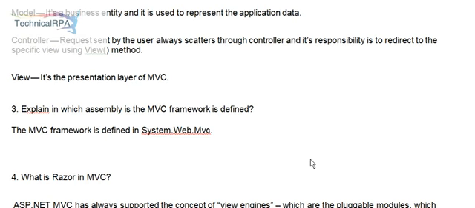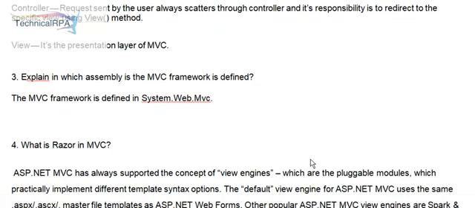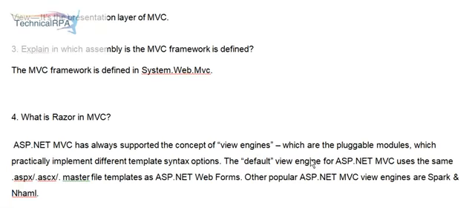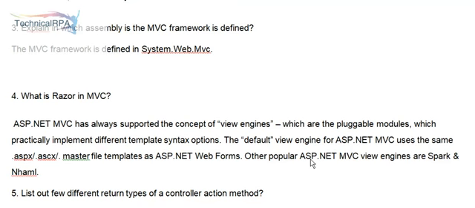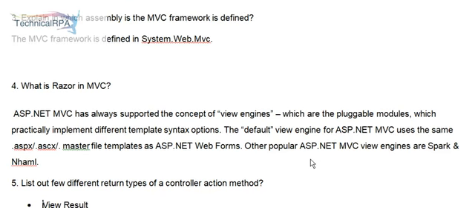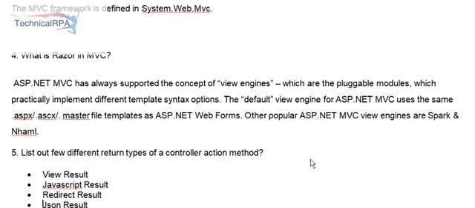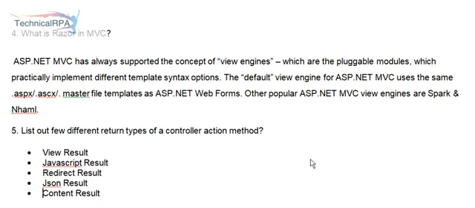3. Explain in which assembly the MVC framework is defined. The MVC framework is defined in System.Web.Mvc. 4. What is Razor in MVC? ASP.NET MVC has always supported the concept of view engines, which are pluggable modules that implement different template syntax options.